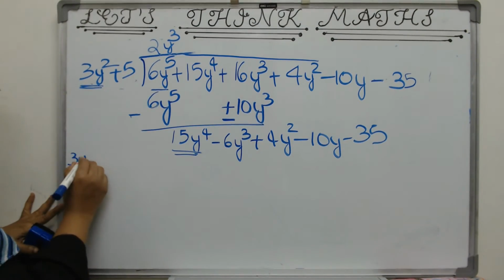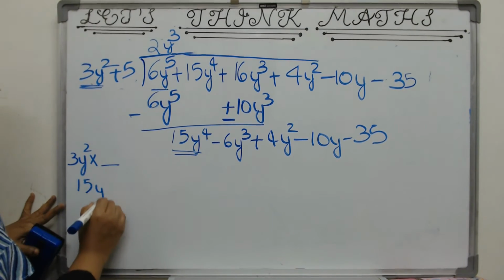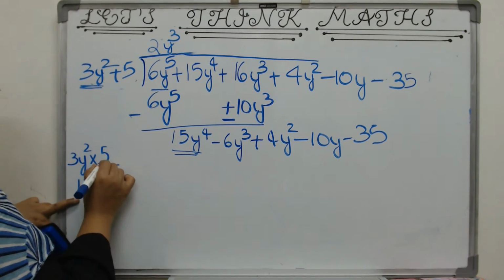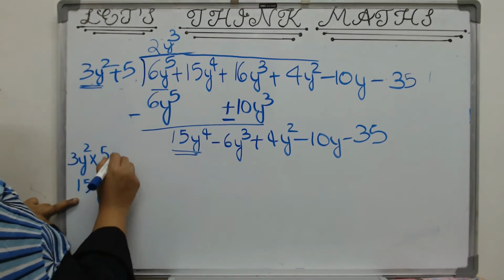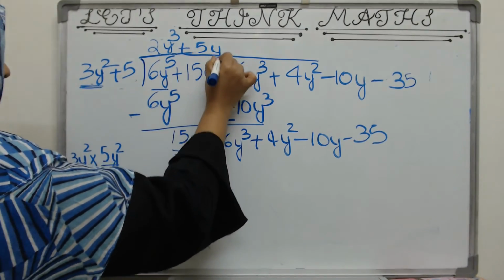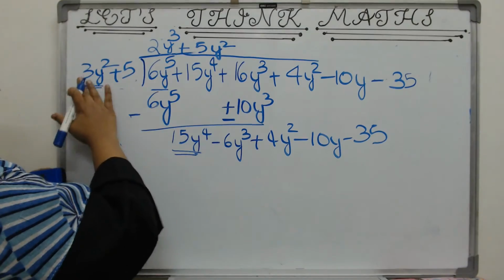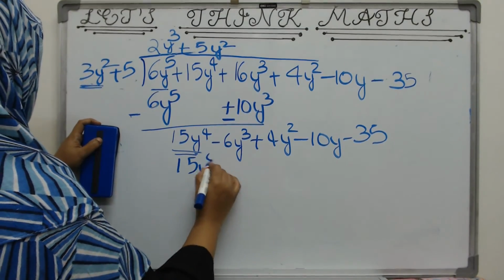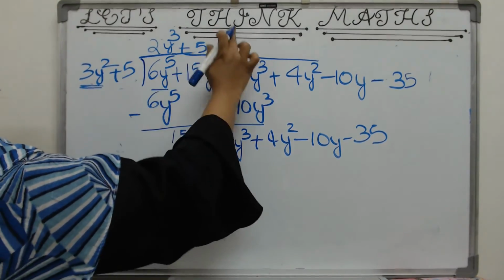Now 3y square into what will give you 15y raised to 4? 3 into what will give you 15? That is 5. How much added to 2 will give you 4? Y square. Then this is 5y square. Again, multiply each term by this. So the first term will be 15y raised to 4 and the second one will be 25y square.